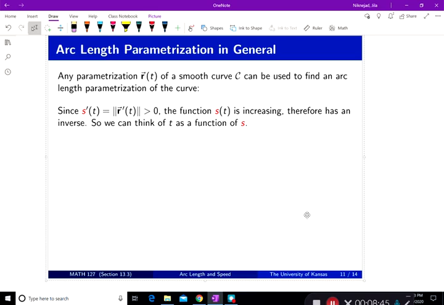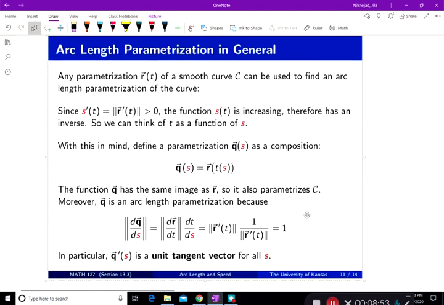Therefore s of t is increasing, therefore it has an inverse, and we think of t as a function of s, and we can express t as a function of s and replace it into the parameterization, and we get r of t of s, which is going to be the new parameterization q of s.